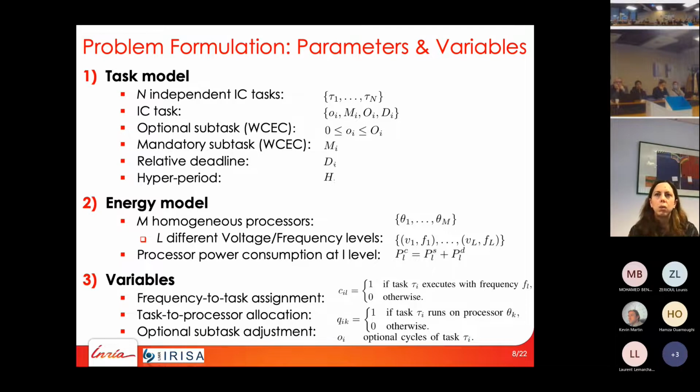In order to formulate our problem, we have introduced three variables, two binary ones and one continuous one. The first binary is regarding the frequency to task assignment. The second is regarding the task to process allocation, and the continuous variable is connected to the optional subtask adjustment.